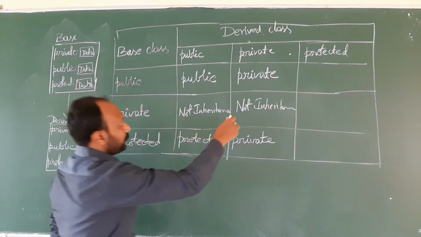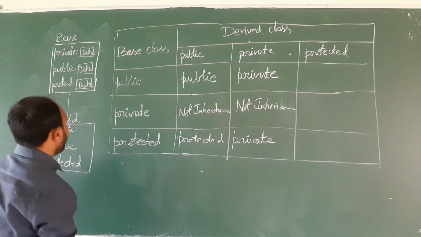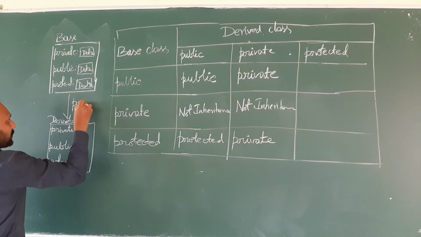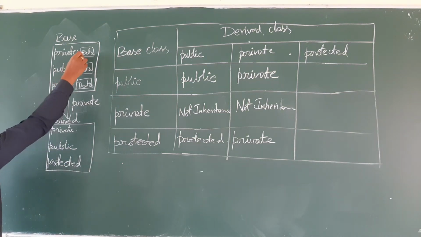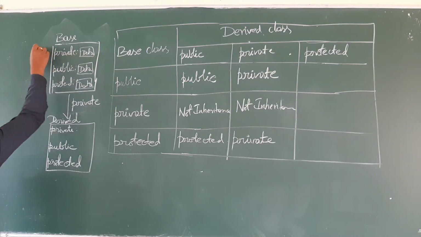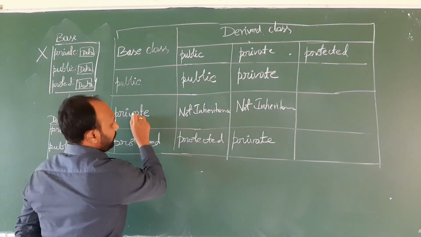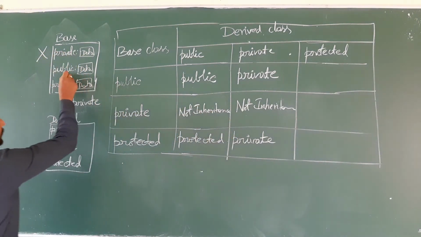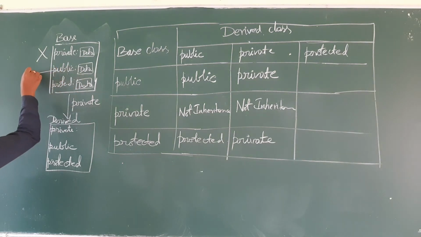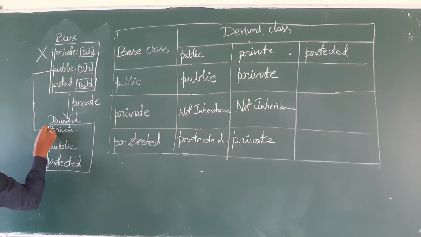If I choose private inheritance, if I am inheriting using the visibility mode private, then private members of the base class cannot be inherited. Please notice here, private members of the base class cannot be inherited. What about public members? Public members of the base class will become private members of the derived class.